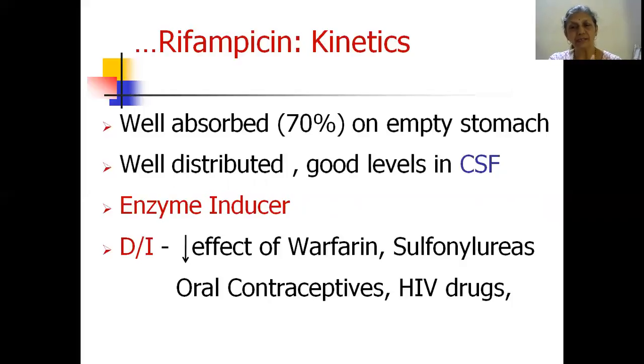Similarly, because HIV patients receiving protease inhibitors or non-nucleotide reverse transcriptase inhibitors, if they are destroyed fast, their effect will go down. Resistance may emerge for HIV, and therefore rifabutin, an analog of rifampicin with less enzyme inducer ability, is usually preferred if there is coexistent HIV.